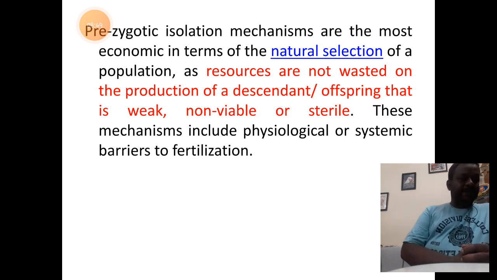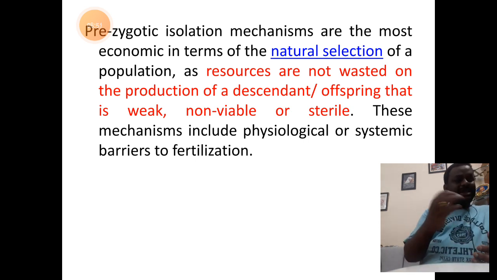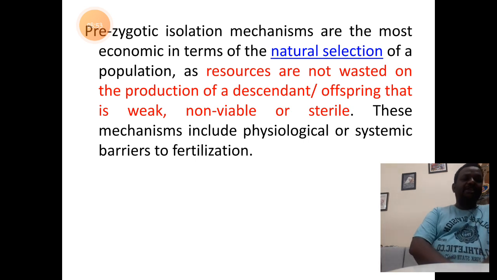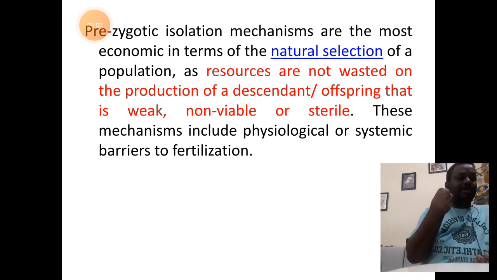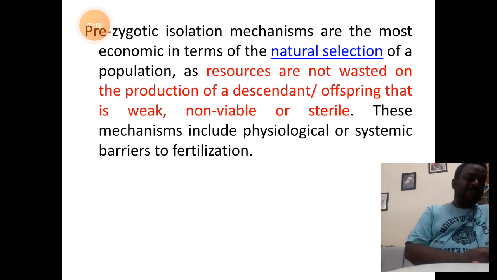Scientists have found that pre-zygotic isolation helps in the prevention of wastage in the production of weaker, inviable or sterile offspring, as they experience physiological barriers during the fertilization process. What exactly does it mean?